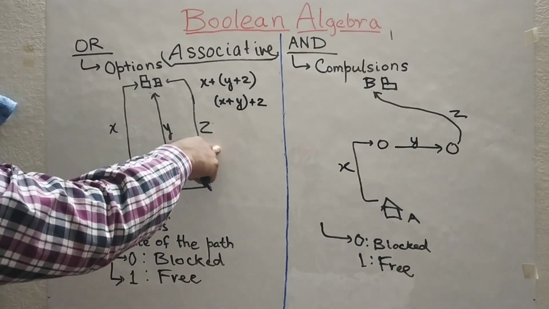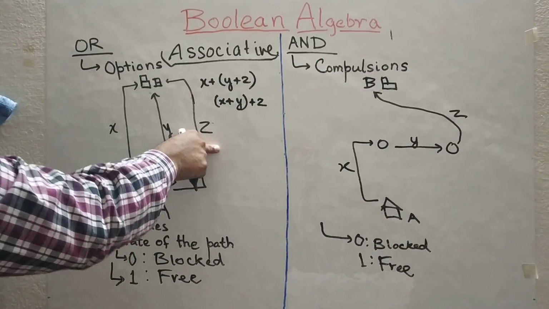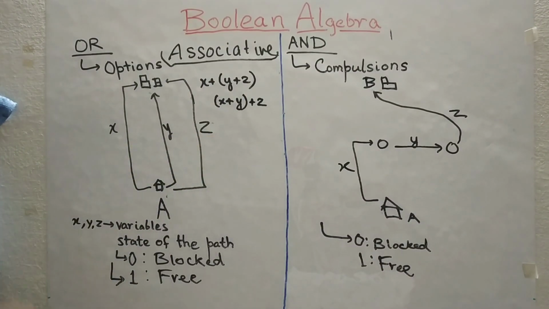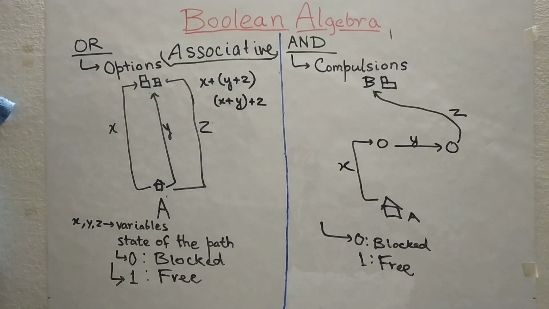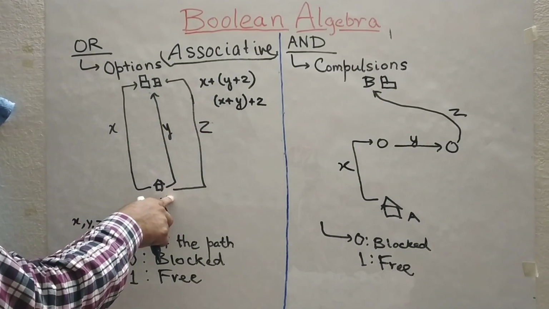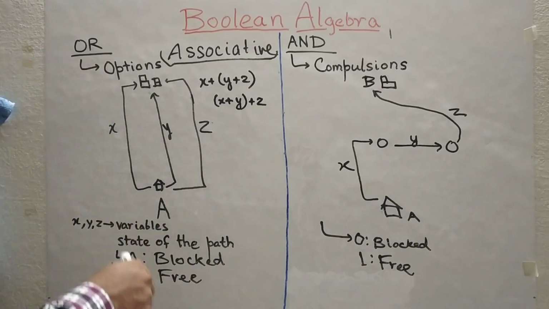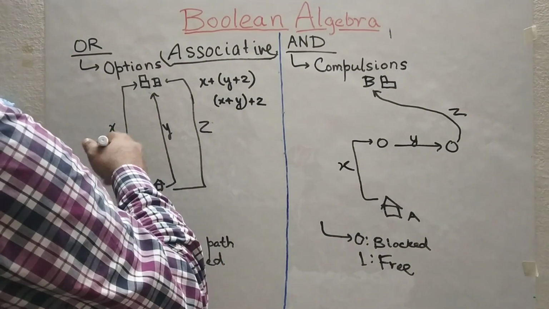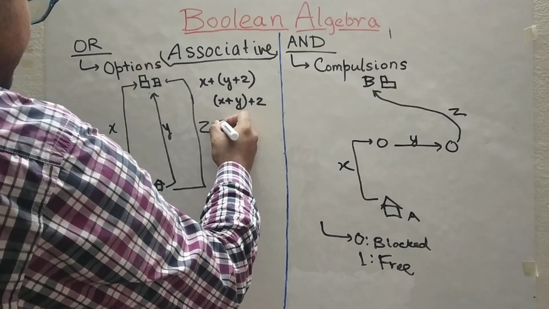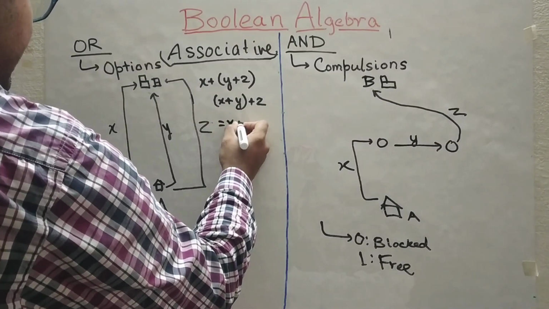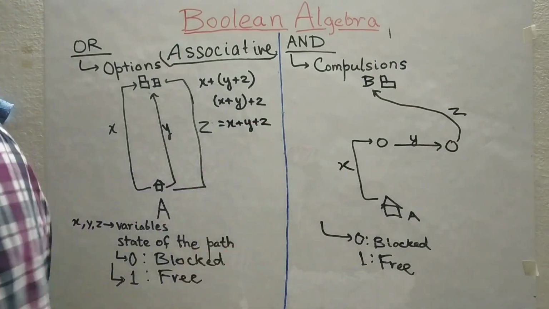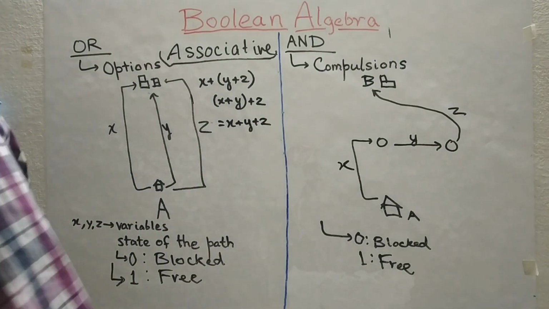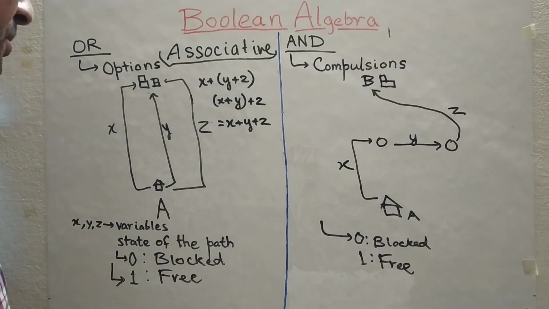Whether you resolve Y and Z together and then resolve X, or you resolve X and Y together and resolve Z, does not matter, because whether there is a path from A to B depends on all of X and Y and Z, and X, Y and Z all are options. All three are equally important, and all three are optional.